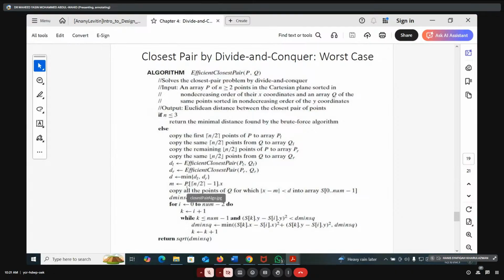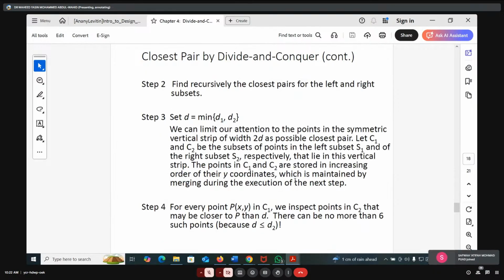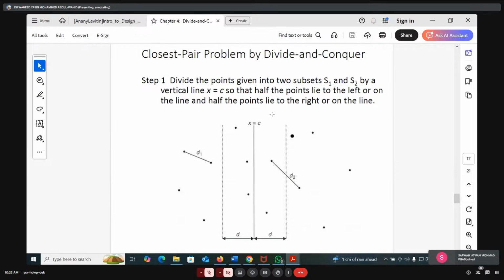So here m equals P of n divided by 2 minus 1 dot x. Okay, here I will get the median m. This is the line which we are going to use to divide the plane into two parts.